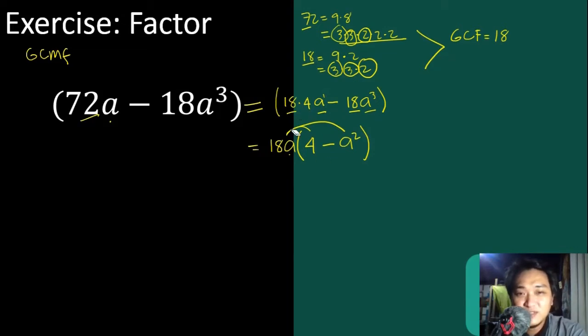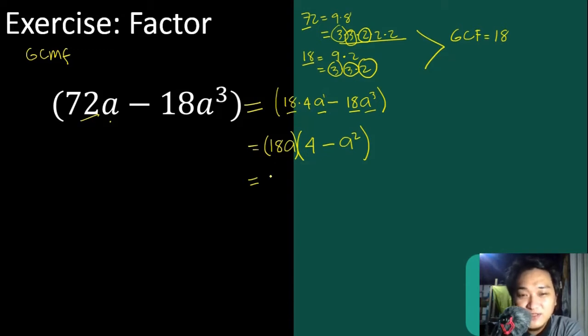So, again, tama tayo. Tama yung ating factor. So, meron siyang GCMF na 18A. So, don't forget, in any factoring technique na gagamitin natin, see to it na nafa-factor out muna natin yung mga greatest common na monomial factor bago natin i-apply yung mga technique na bagay dun sa problem natin.